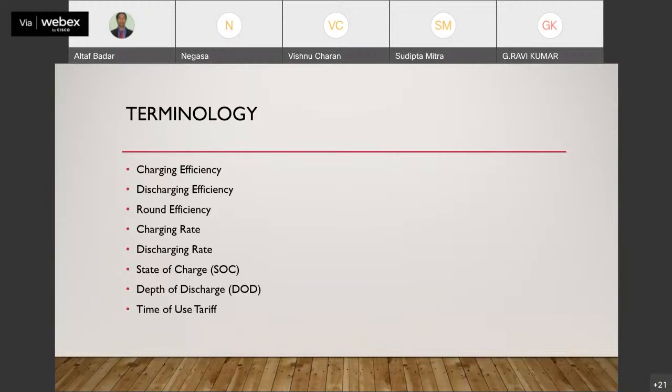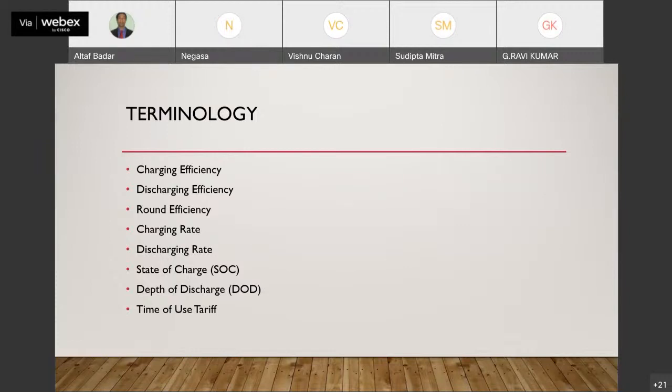Then there is something called charging rate and discharging rate. Charging rate is the rate at which your battery gets charged. Suppose I've got a mobile battery which they say gets charged in 2 hours. What is the total capacity of my battery? 5 kilowatt would be too much, so let us say it is around 50 watt, just for the sake of it.